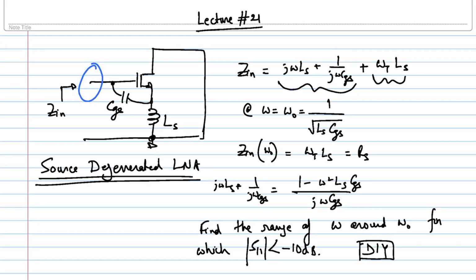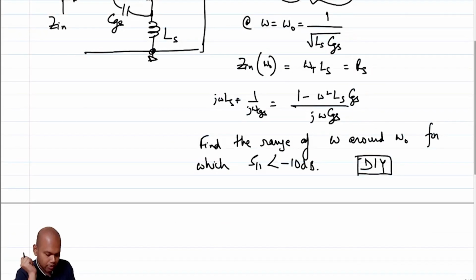Okay, fine. I hope that we understand from whatever discussion we had till now that, granted that this is a single frequency solution, this solution is not going to just go for a toss the moment we go slightly away from omega naught.